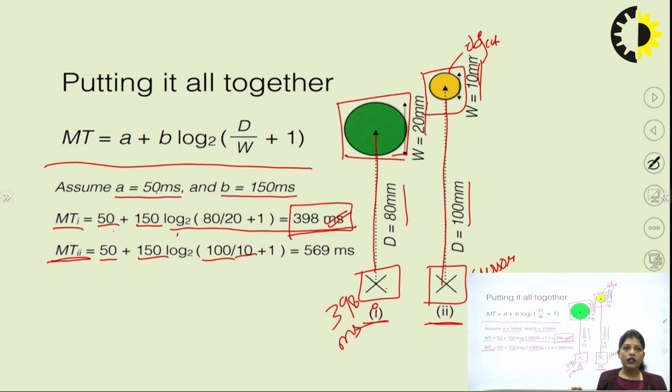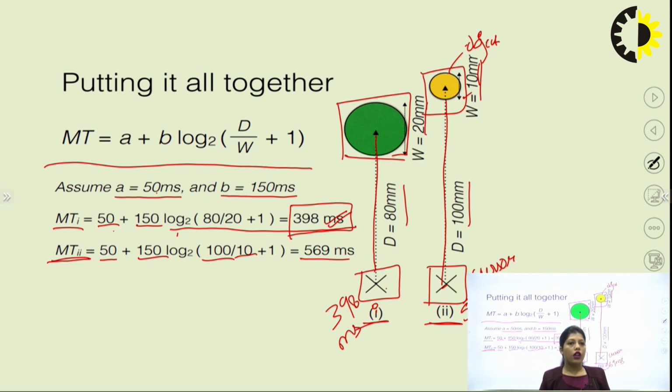By calculating this we get 569 milliseconds. This is the movement time for the second image, so it will take 569 milliseconds for the cursor to reach the object.